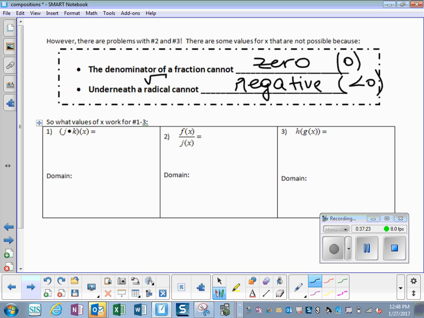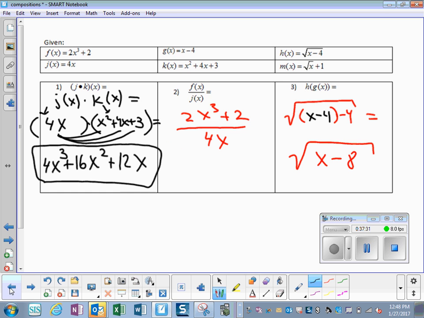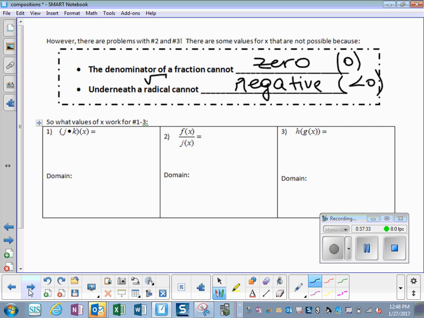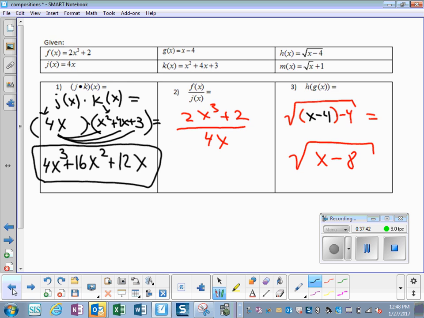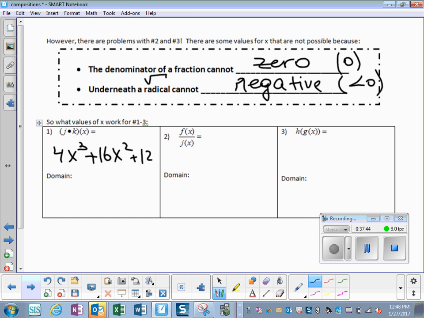So once again, the same examples from before, values of x that work for number 1 and number 3. What was our answer for number 3? 4x cubed, I'm just copying from before, plus 16x squared plus 12x. What is the domain of this function then?